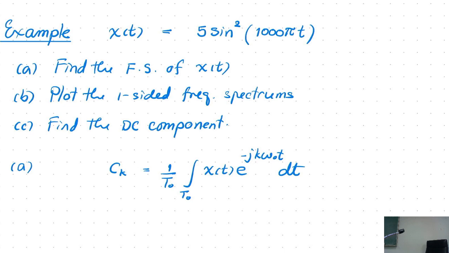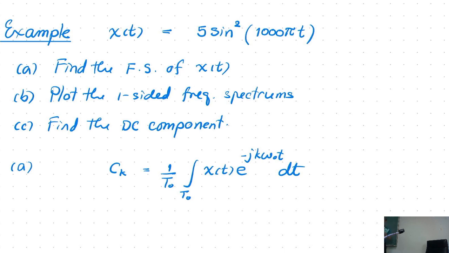So if we know that it is periodic, what is its period? Can you find the period of the signal? If you cannot find the omega 0, then you cannot use this formula, right? Because to use this one, you have to be able to integrate over one period. And if you don't know the period, how would you be able to integrate?